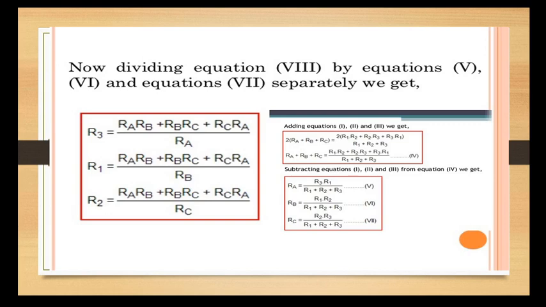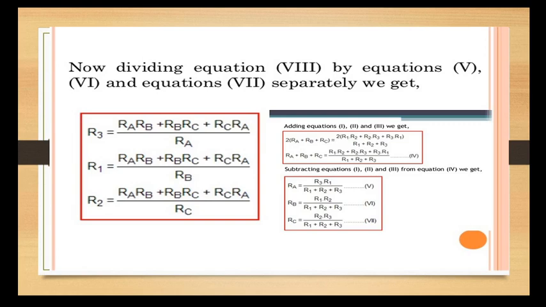You can simplify it again. See, in the denominator you have RA, isn't it? In the numerator, in the second two terms of the numerator there is RA. So RA gets cancelled. So what it will be? RC plus RB plus RB RC by RA. Similarly, R1 and R2 can also be simplified.